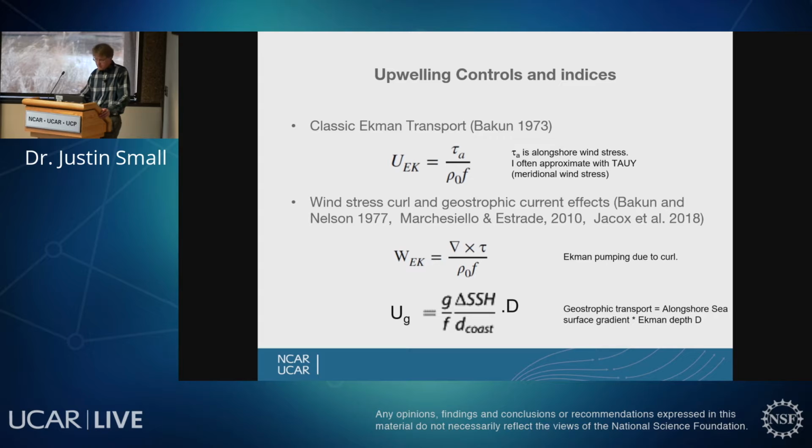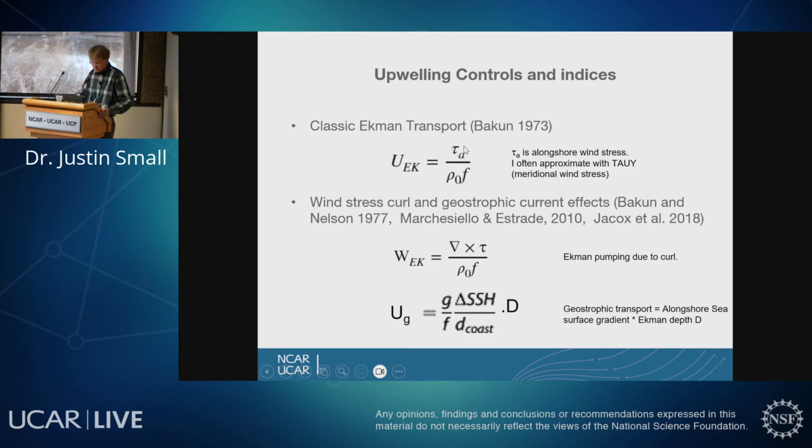And people have proposed various indices and measures of the transport. So this first one is this coastal upwelling, which I just talked about, classic Ekman transport, and the index was introduced by Bakun in 1973, a famous paper in the oceanography community. And this is the integrated offshore flow, this U Ekman here.